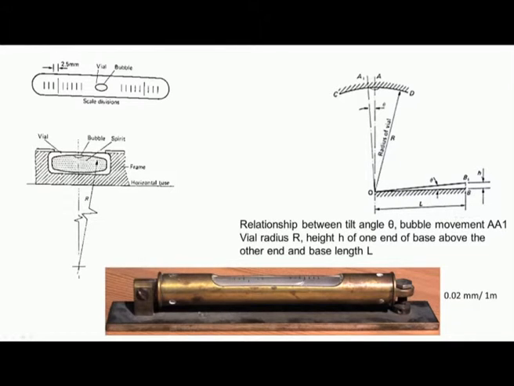Now, this photo shows a commercially available spirit level. This is the pivot and there is a provision for adjustment, and this is the glass tube, and we can also see the bubble, and the graduations are also visible.